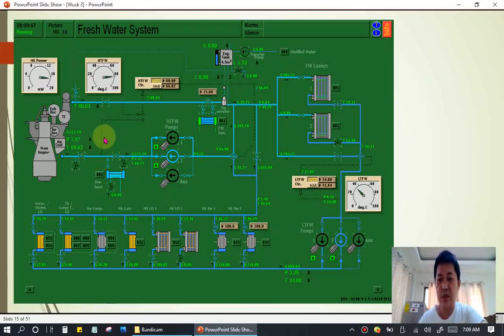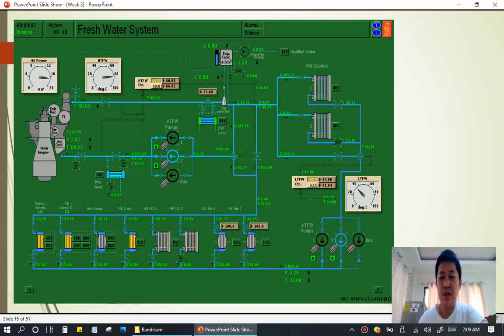It can detect the signal, the temperature, and send it to the controller so that it can be controlled automatically. This is the application of the automation.